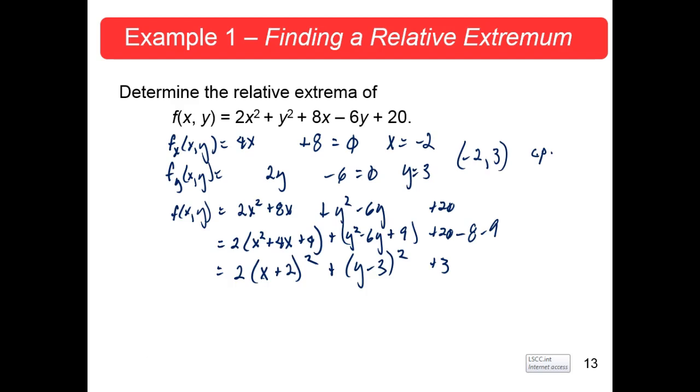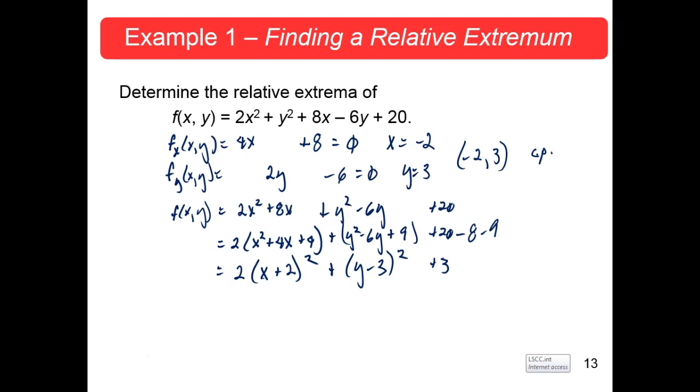All right. Now, for any value you put in x that's different from minus 2, let's just take 0. If you put a 0 in here, then you get 2 times 4 is 8.